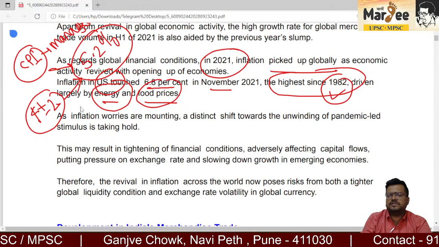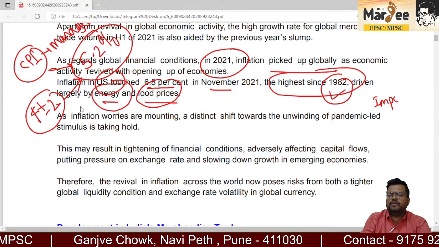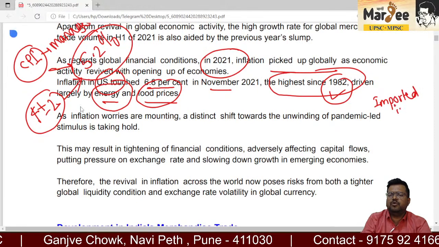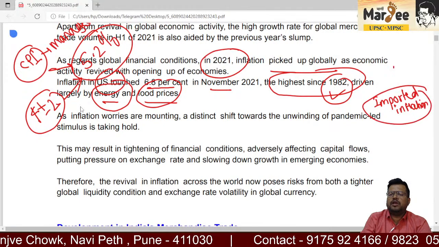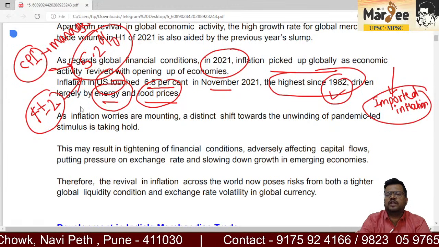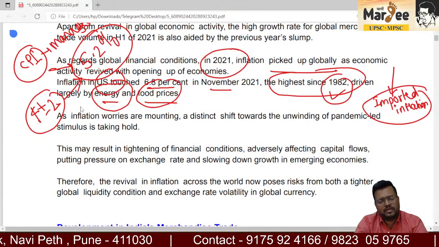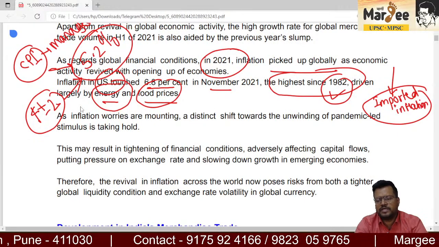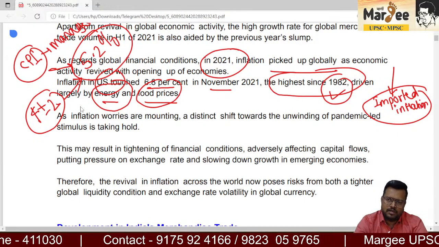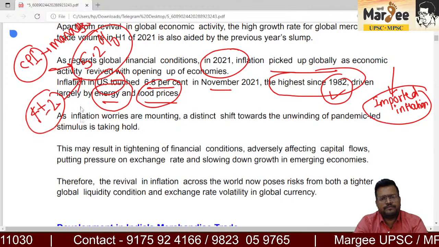We have seen in the first chapter that the economic survey used one term, imported inflation. Due to higher oil prices, we are witnessing this imported inflation, and the economic survey said that we should not worry that much because this inflation is of imported origin.